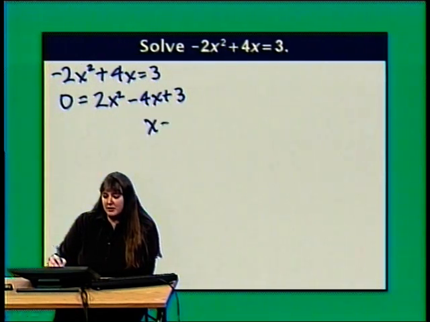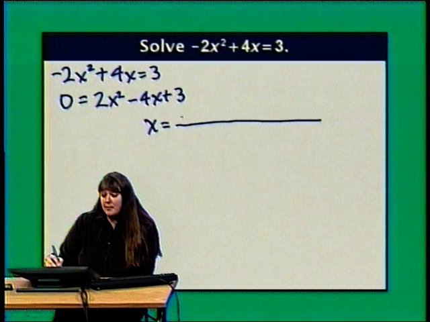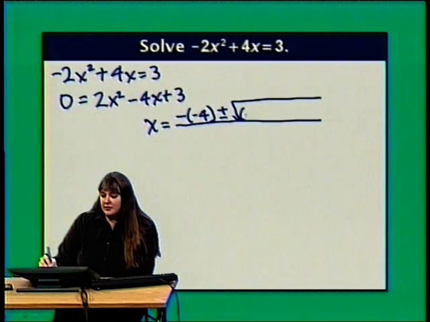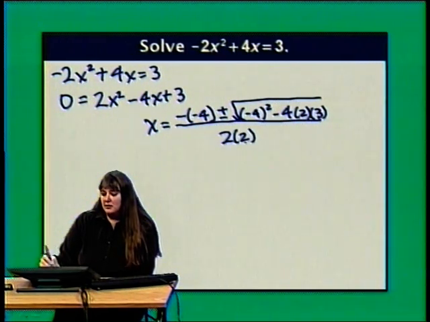The quadratic formula tells me that x equals the opposite of b, so that's the opposite of negative 4, plus or minus the square root of b squared, so that's the square of negative 4, minus 4 times a, which is 2, times c, which is 3, all over 2 times a, that's 2 times 2.